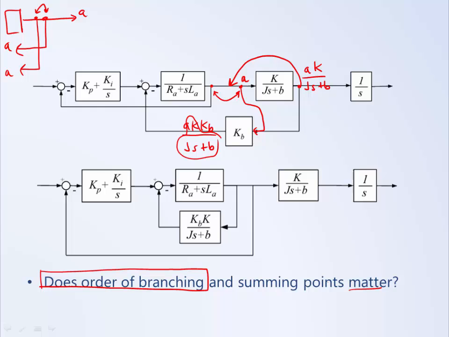And the answer is no, because no matter where I branch off this signal, they're still going to be equal to A. So whether I branch off here or branch off here, the outputs are going to be unchanged, which is what I want. So the order of branching does not matter, and this block diagram is equivalent to this block diagram, and we've achieved our goal of unwinding these two feedback loops.